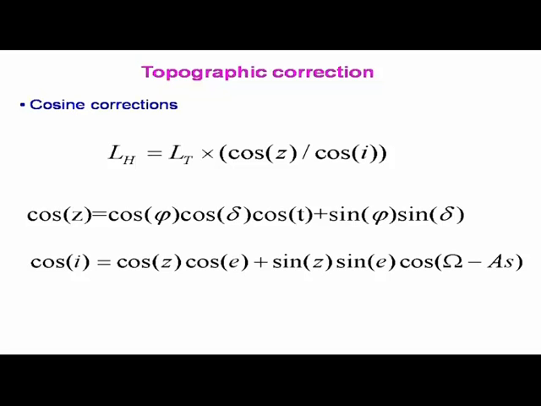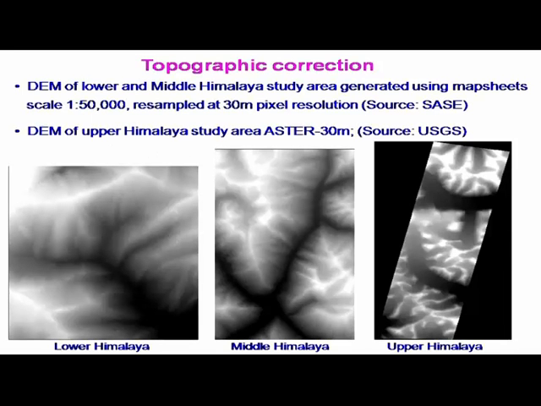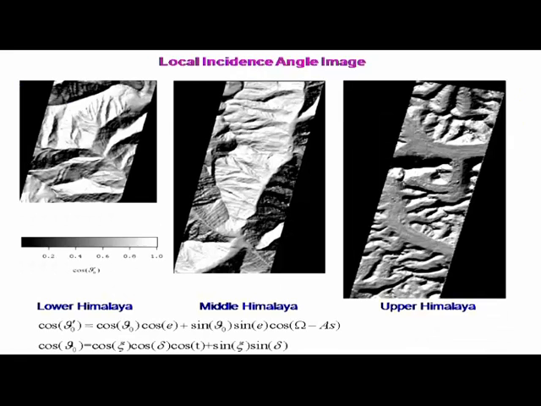We have also applied other models, the Minnaert or the C model, but we found that the results were similar. So the cosine correction was a very fast model, and one can make it operational. For the topographic correction, the 30 meter DEM has been used, along with different local incidence angle images.